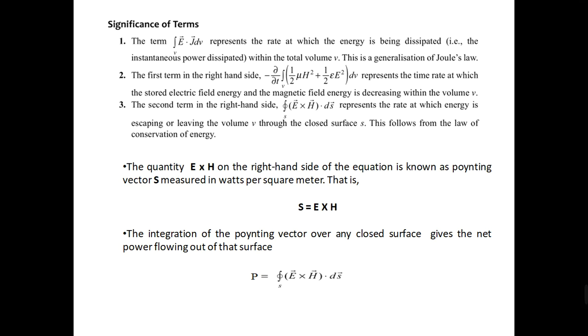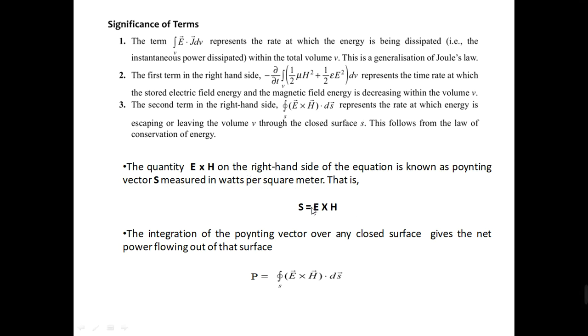So this follows from the law of conservation of energy. Hence the quantity E cross H on the right hand side of the equation is known as the Poynting vector, measured in watts per square meter. The Poynting vector is nothing but the power density per unit area. S is equal to E cross H.